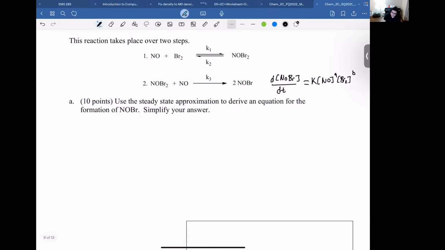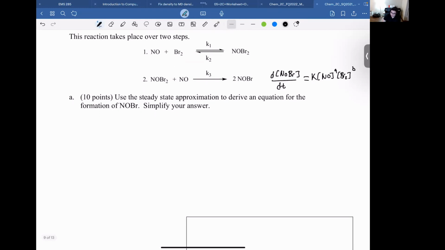Now it says use the steady state approximation to derive an equation for the formation of NOBr. Well, without even considering the steady state yet, if I were to just write the rate of NOBr, not NOBr2, NOBr, I would say the rate of formation of NOBr, and this is just rate, but it's being specific as to which thing is changing.